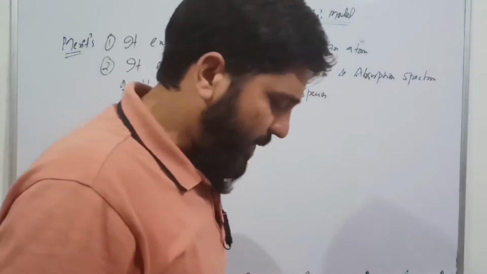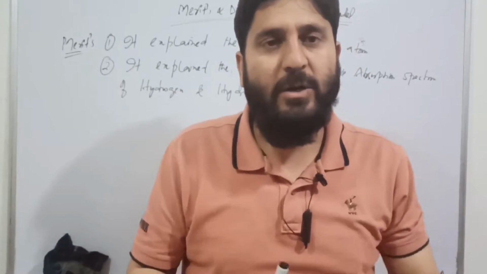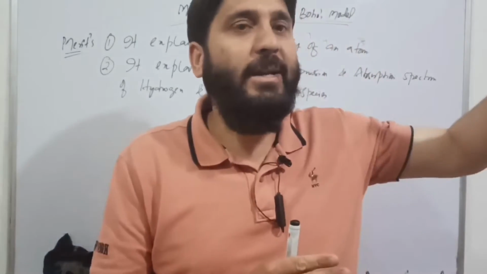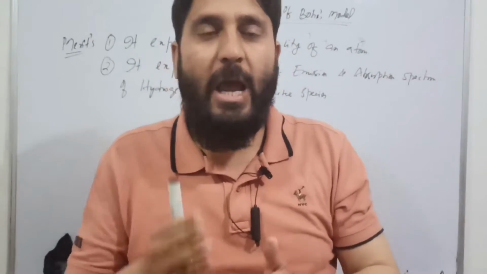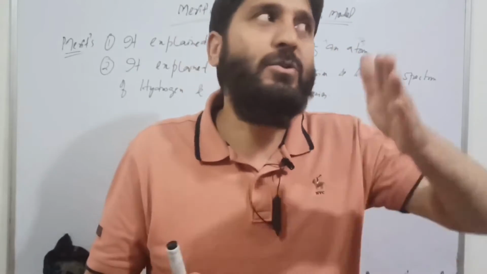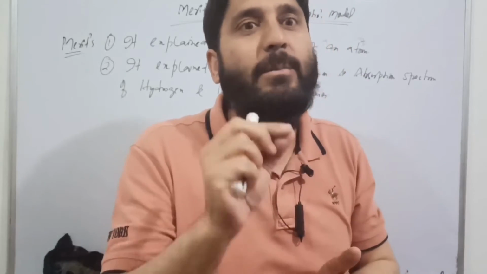So this model explained the origin of emission spectrum and absorption spectrum. Emission spectrum was formed by the transition of electron from higher energy levels to lower energy levels, and absorption spectrum was formed by transition of electron from lower energy levels to higher energy levels. As far as its details, you have to watch lecture number 6.